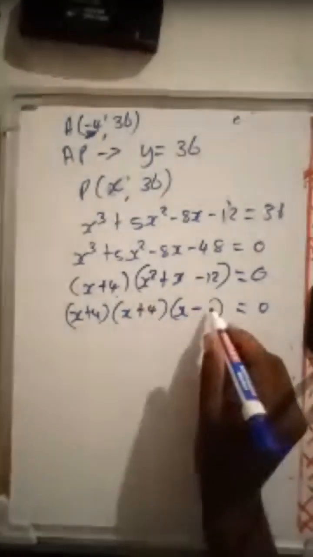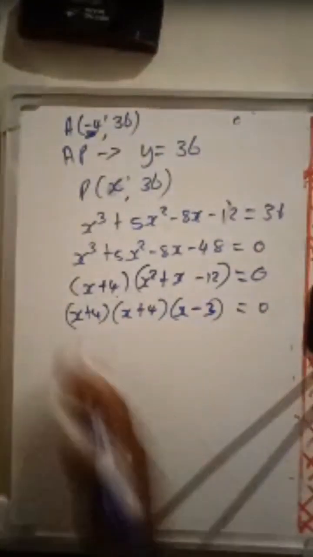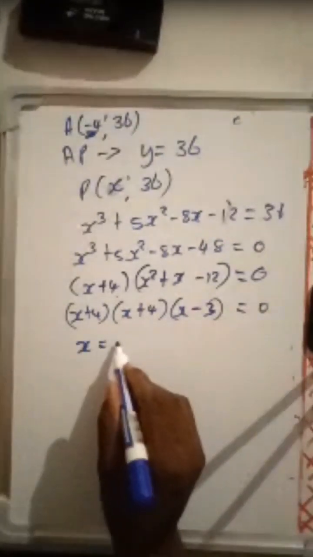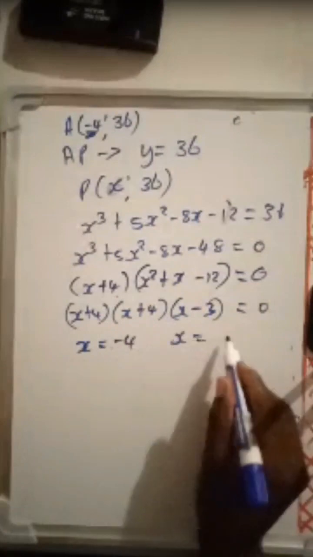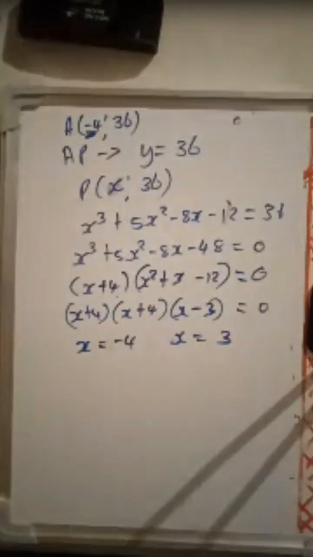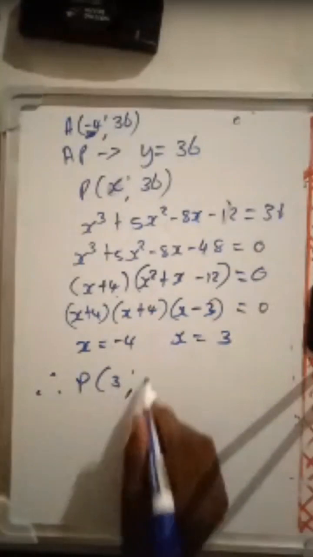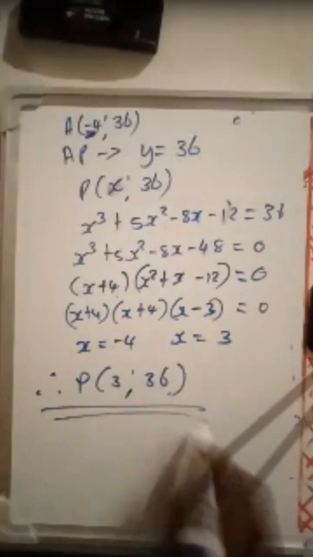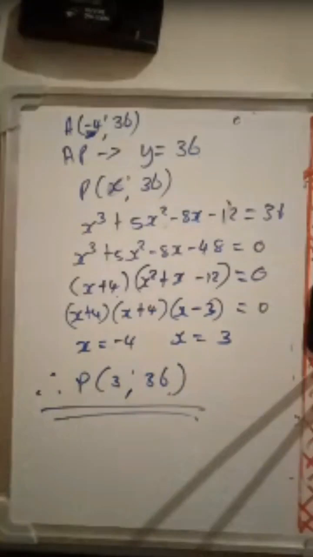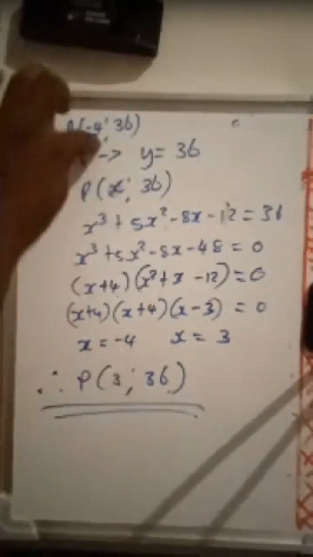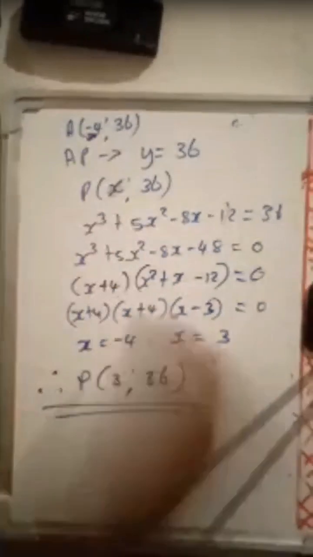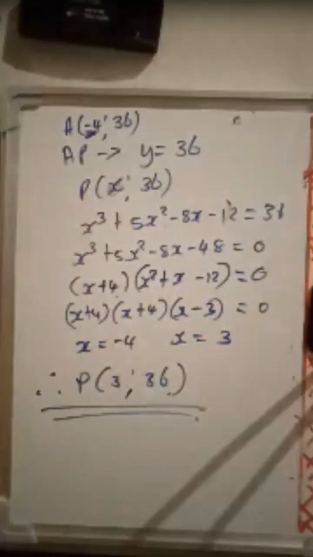So we get x equals negative 4 and x equals 3 after solving that. Obviously negative 4 is the other side, so x equals 3 is this side. So therefore P is having coordinates 3, 36. This one we can see is for A, so for P it is that one.